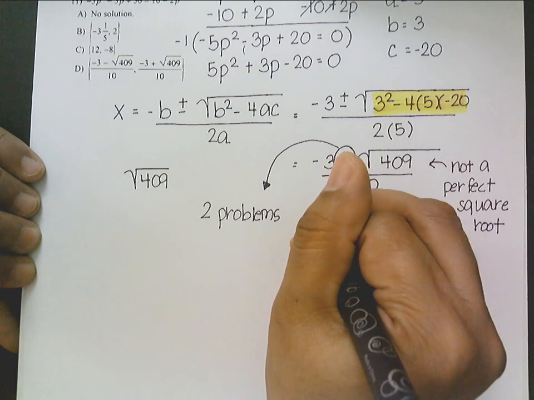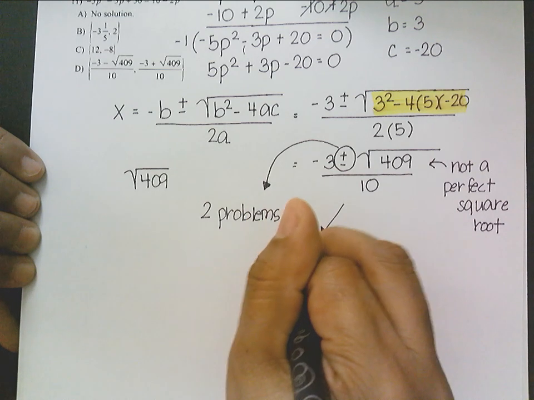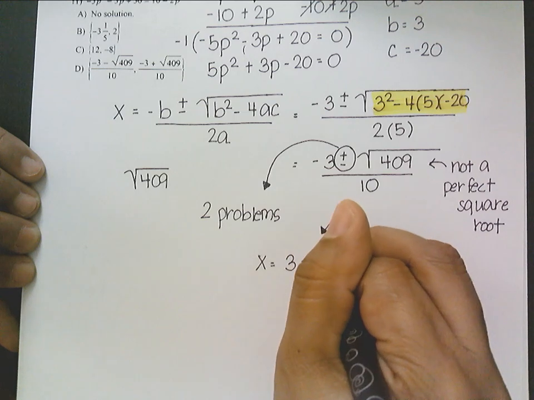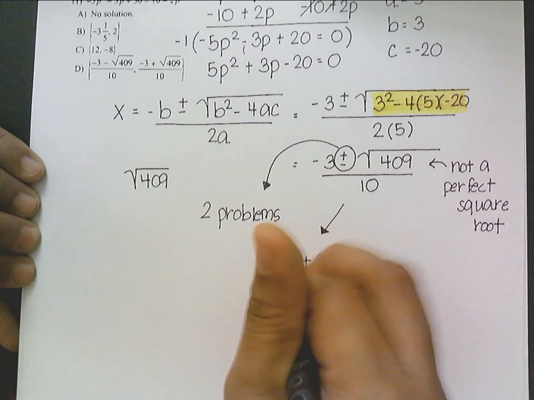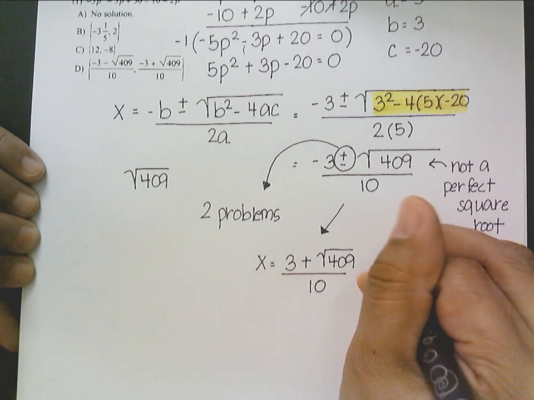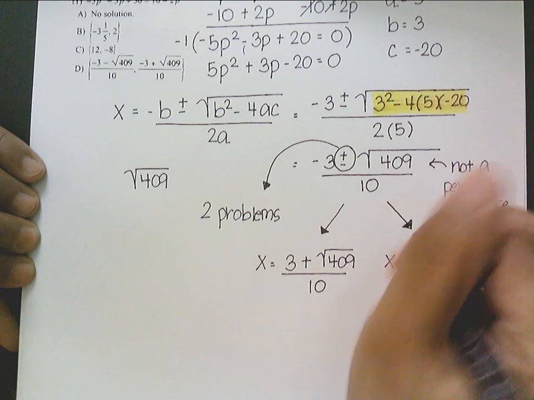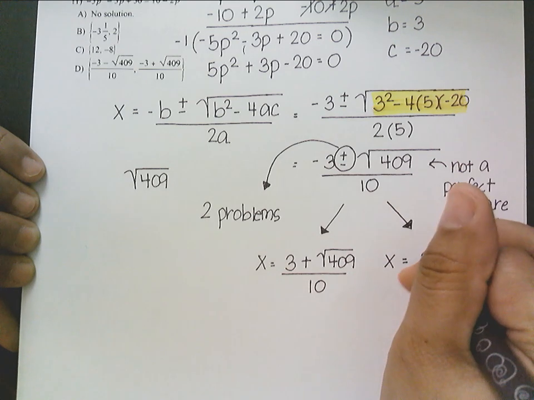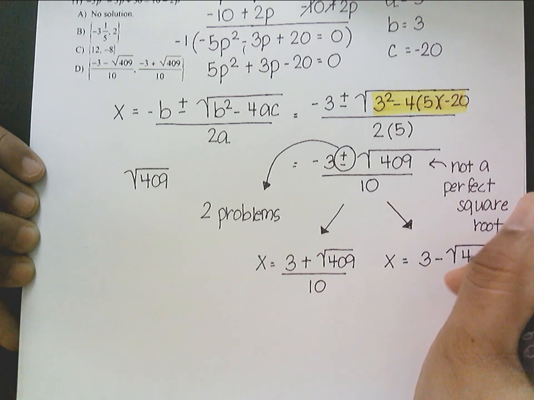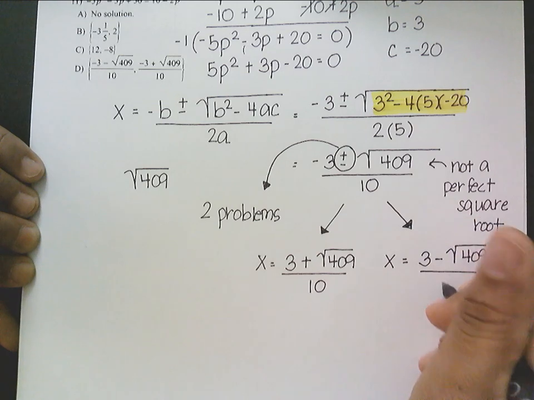One of the problems is going to be x equals 3 plus the square root of 409 divided by 10. And the other one is going to be x equals 3 minus the square root of 409 divided by 10.